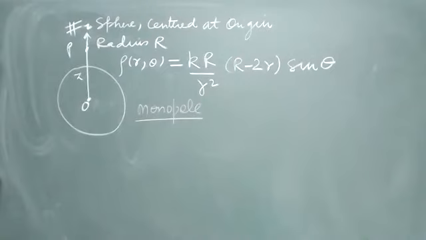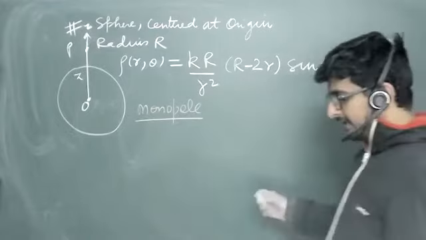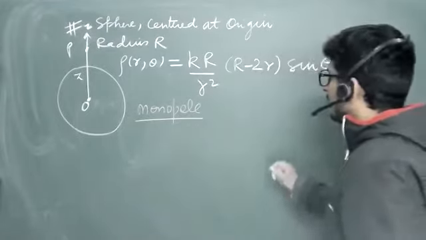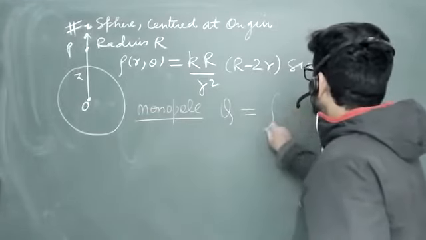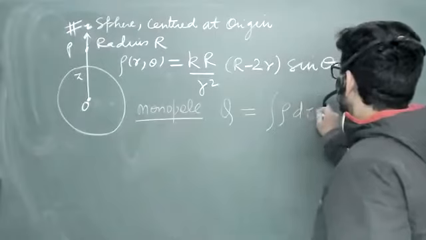Just a second. So let us get the monopole first. It is the total charge. It will be integral rho d tau.